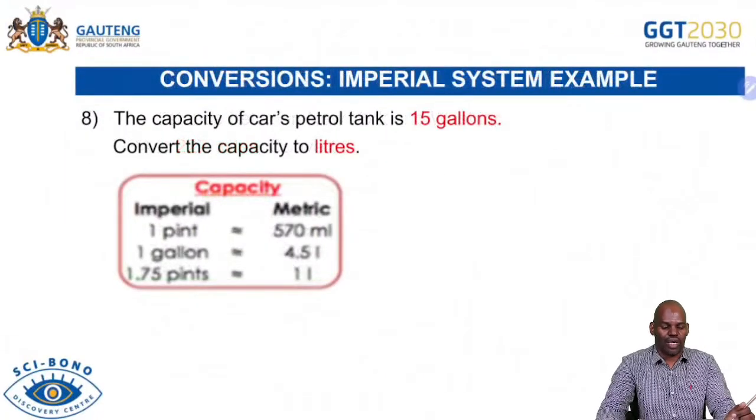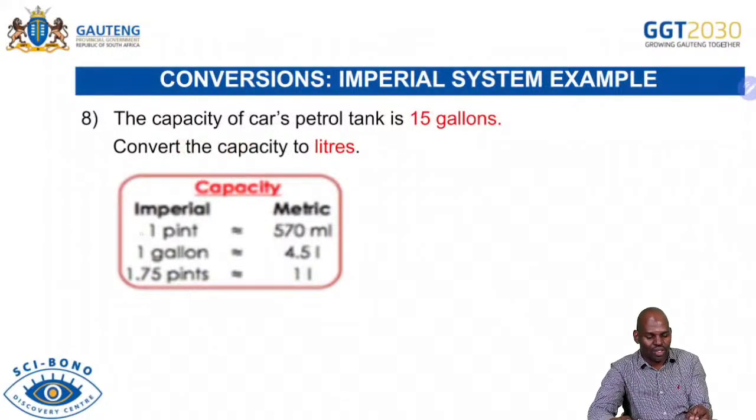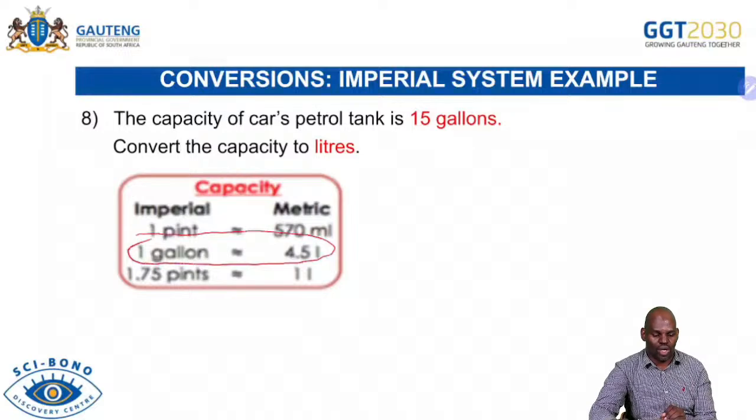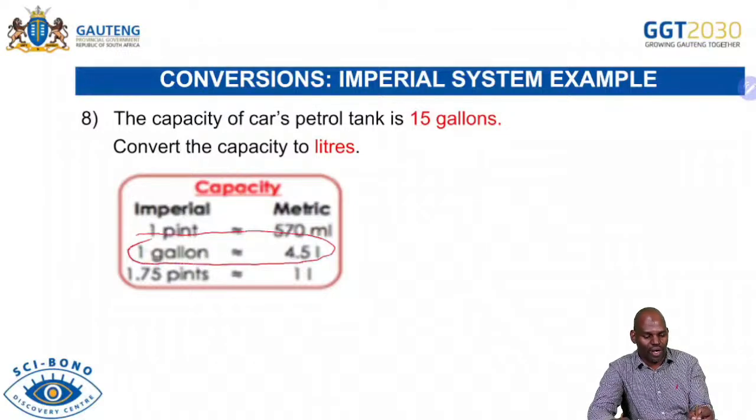Then the next one: the capacity of a car's petrol tank is 15 gallons. Convert the capacity to liters. I think we have already done such an example, but let us do this one again, where 1 gallon equals 4.5 liters. What does that mean? If you convert from gallons to liters, you multiply by 4.5, but if you convert from liters to gallons, you divide by 4.5.